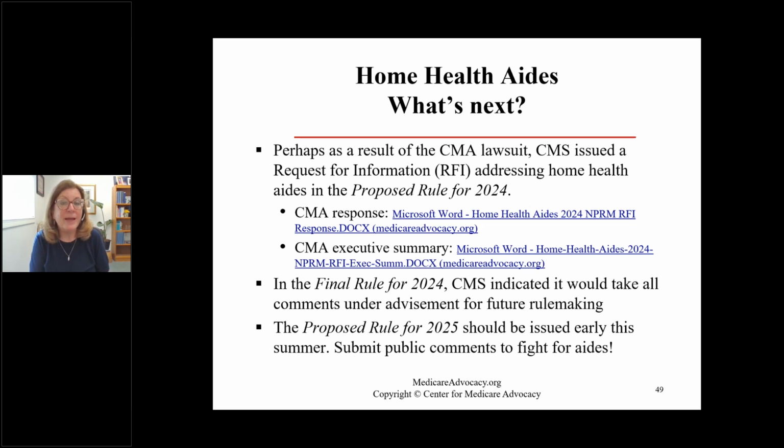We are currently awaiting any day now the proposed rule for home health care for 2025, and hopefully we can move the issue of access to home health aides forward, and we request that everybody, all beneficiaries, advocates, everybody respond to the proposed rule in a way that shows our concern and the need for home health aides.